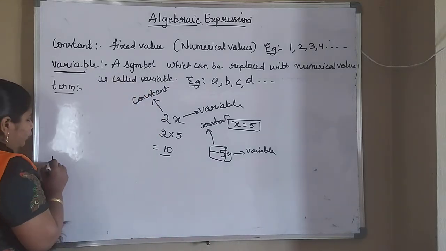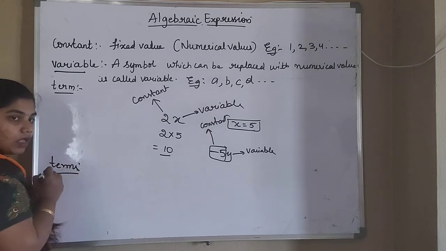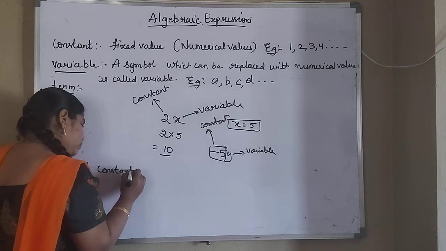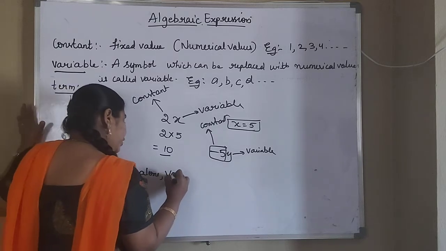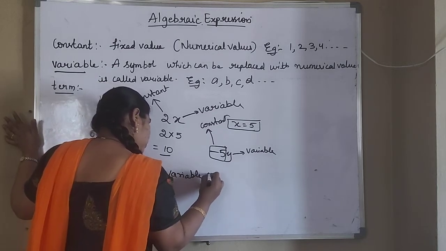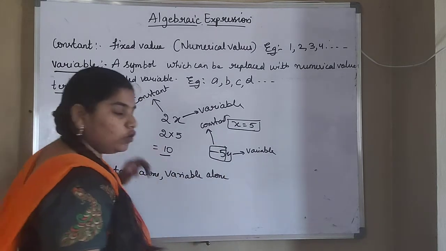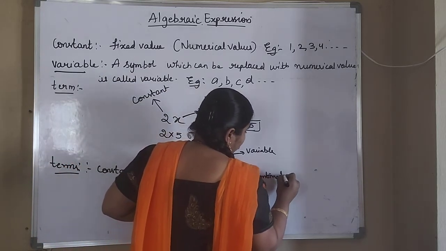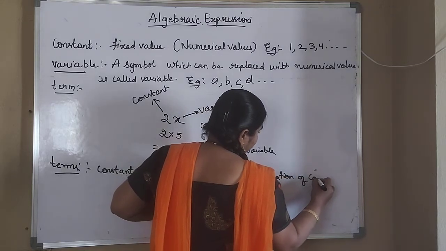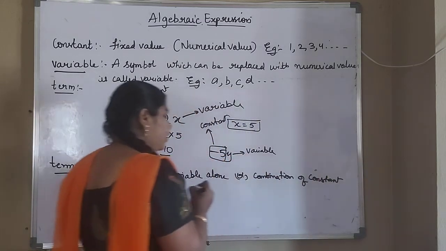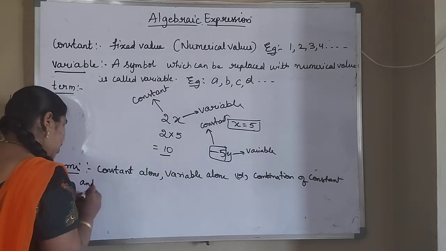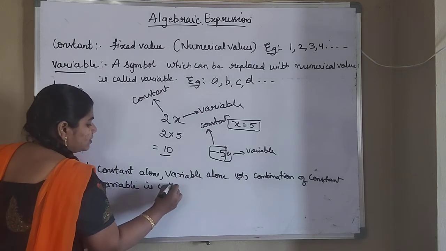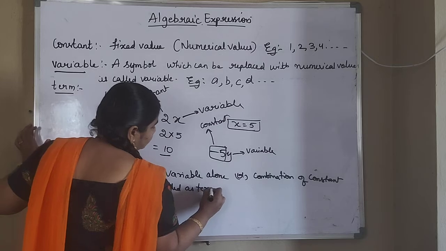Okay, now coming to term. What do you mean by term? Constant alone, variable alone, or combination of constant and variable is called a term.